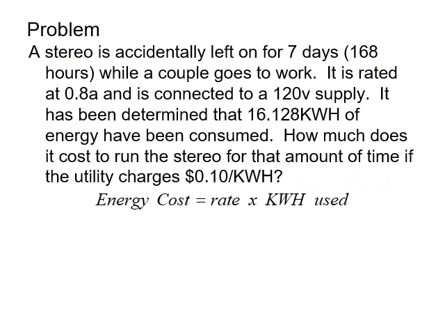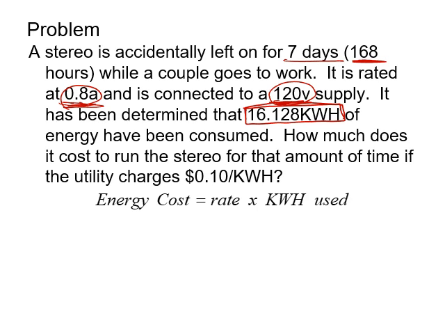Next is the same idea. Stereo accidentally left on for 7 days, same problem we did before, rated 0.8 amp, 120 volt supply. Remember, to calculate P, you multiply these two together. Then you take P and multiply by the time to calculate the kilowatt hour. To save the pain, here is the kilowatt hour consumed.